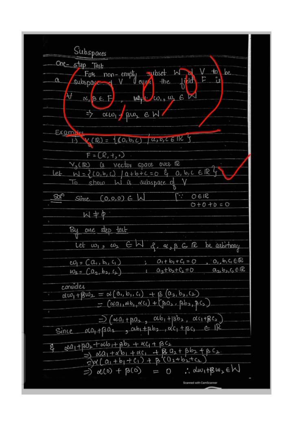To see whether the ordered triplet (0, 0, 0) is present in W, it must satisfy the given condition, a plus b plus c equals 0. Taking a as 0, b as 0 and c as 0, if we add these values, a plus b plus c, we again get 0.